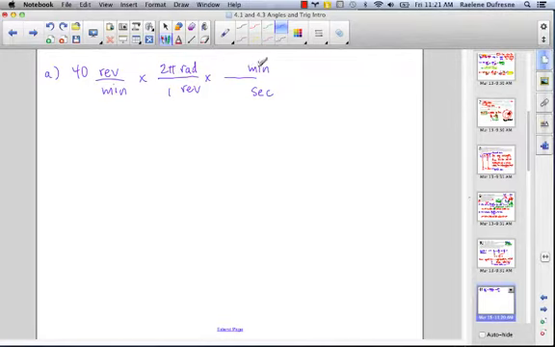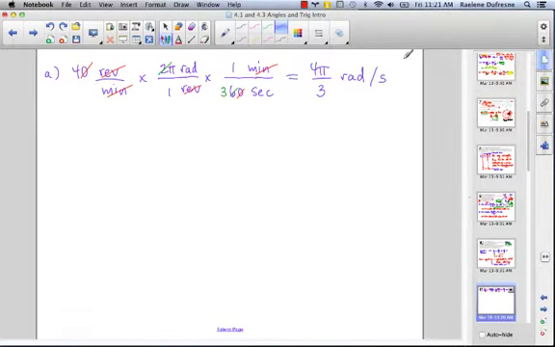And how many minutes belong to how many seconds? 1 minute belongs to 60 seconds. So we can start reducing. We can reduce the 2 here with the 6 to give me 3. And so I have 4 times pi radians times 1 over 1 times 3 seconds. And so we get 4 pi by 3 rad per second.